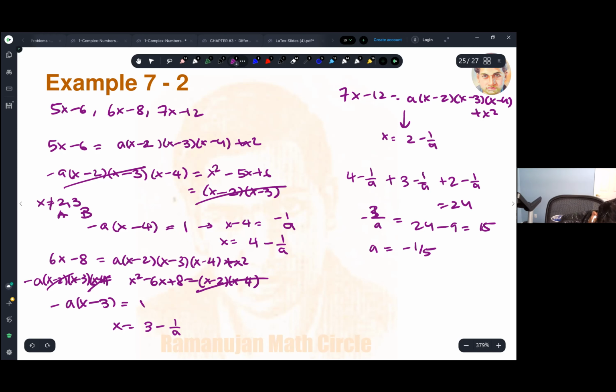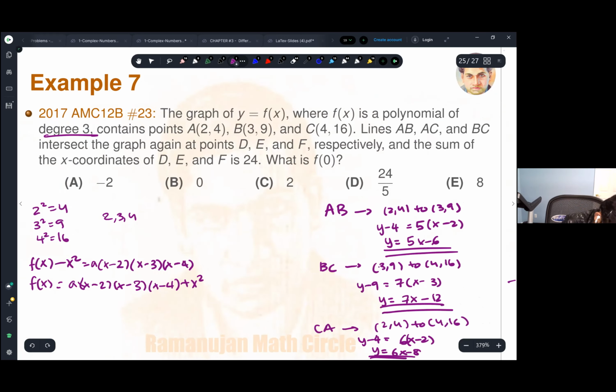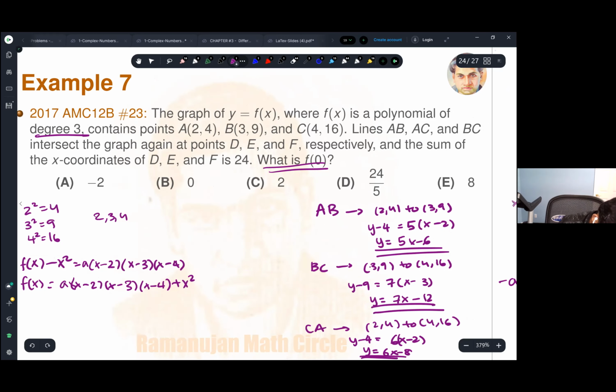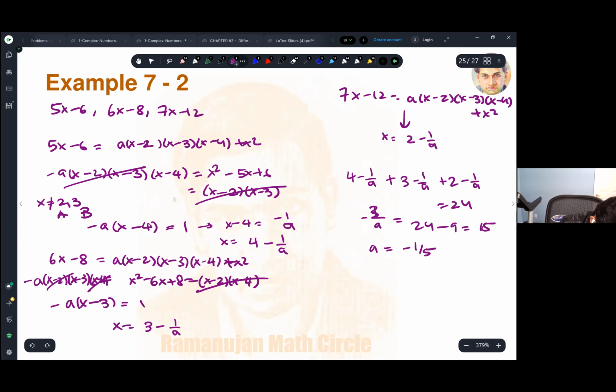So then let's look at what the question is asking. They're asking for what f of 0 is. Well, we already have f of x, and all we have to do is plug in 0. So f of x is equal to negative 1/5 times x minus 2 times x minus 3 times x minus 4 plus x squared.